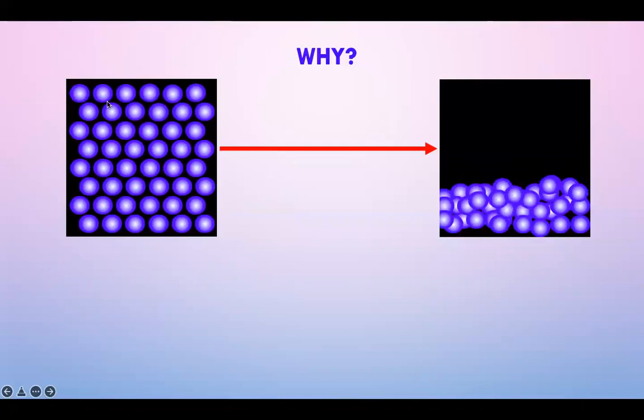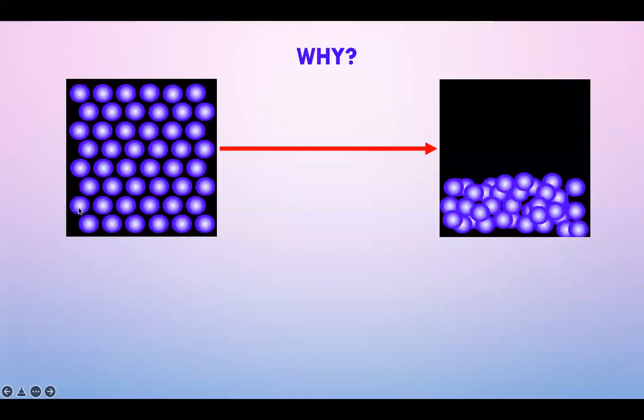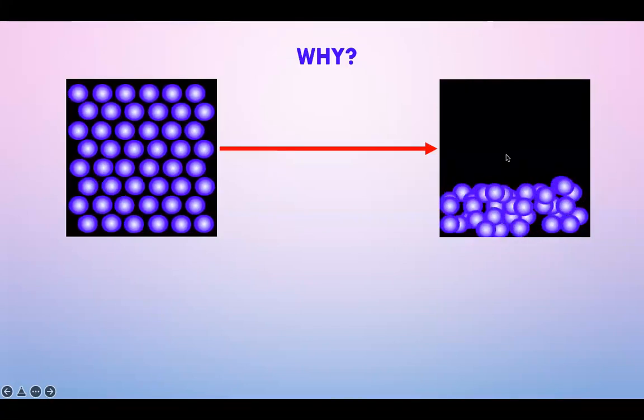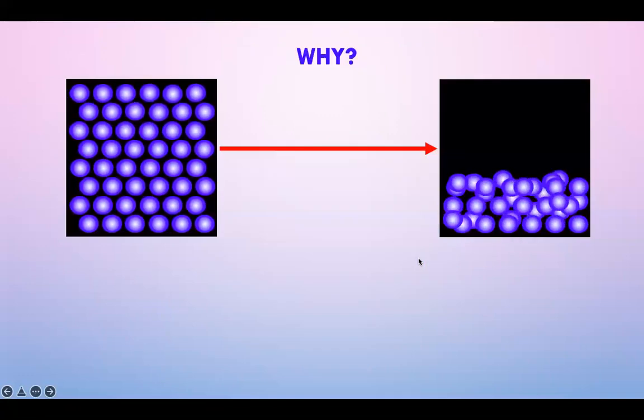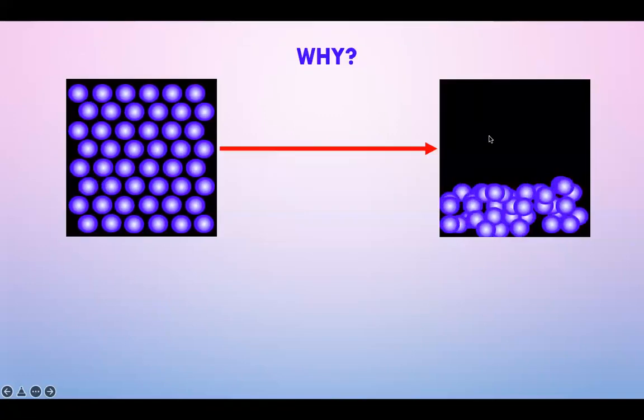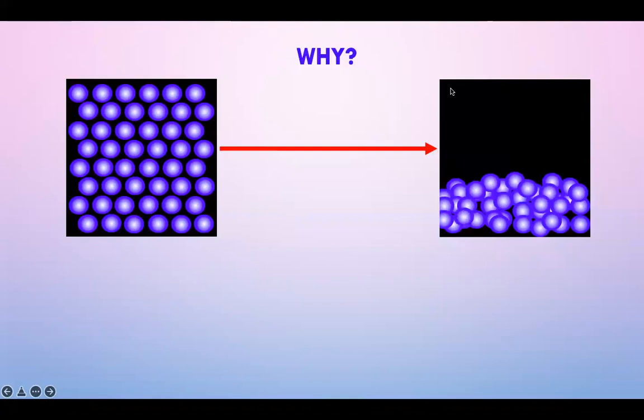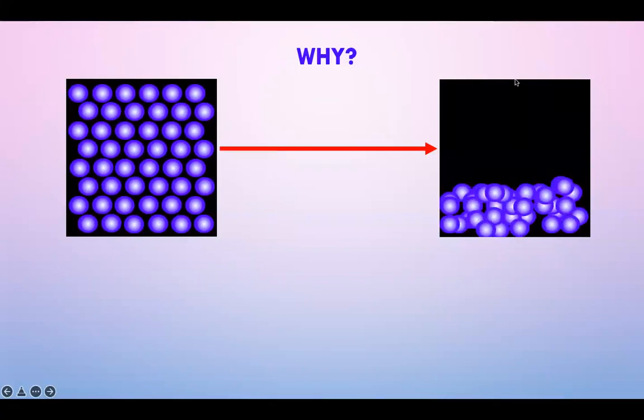These units cannot move here and there. But what happens when it becomes a liquid? It can move rapidly. That is why it takes the shape of the container, because it can move. But here very little movement. So it's minor, or actually you can call it no movement at all. But here you can see it's a rapid movement.